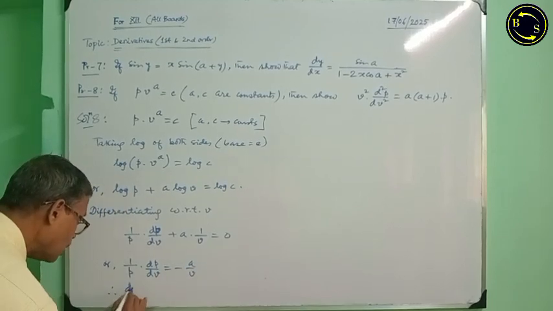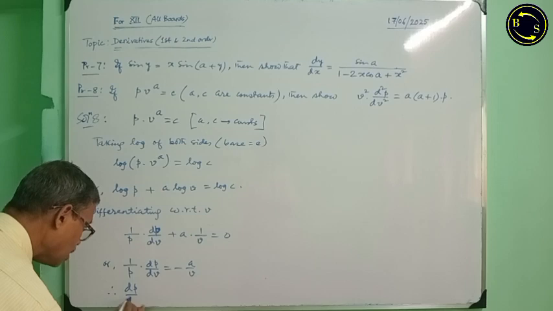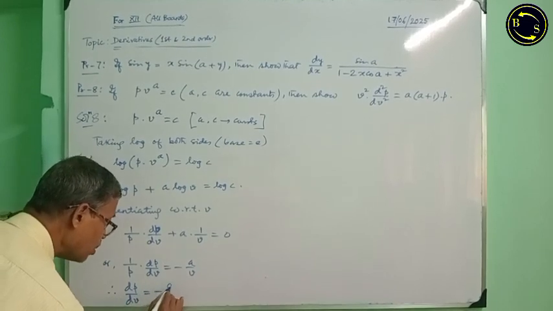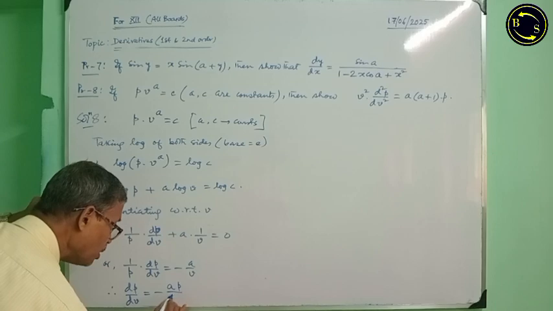Therefore, dp/dv is equal to minus ap by v.